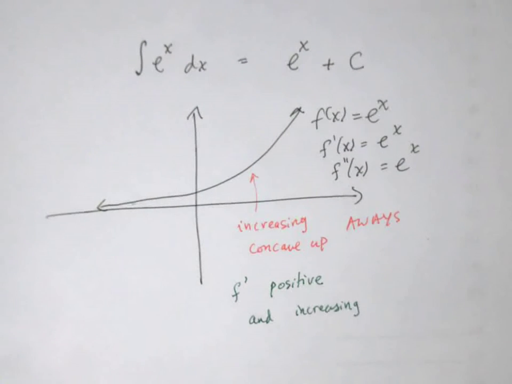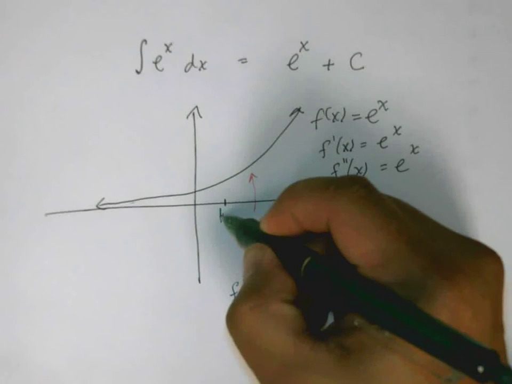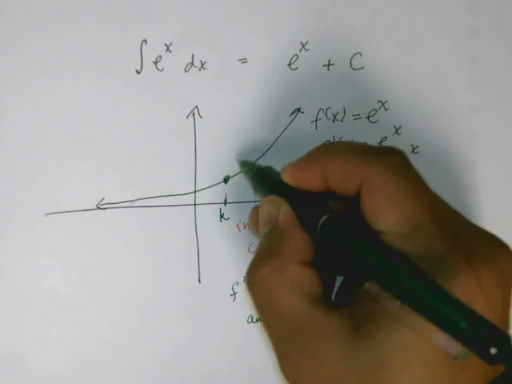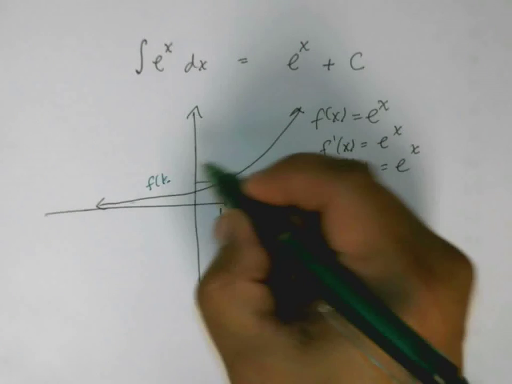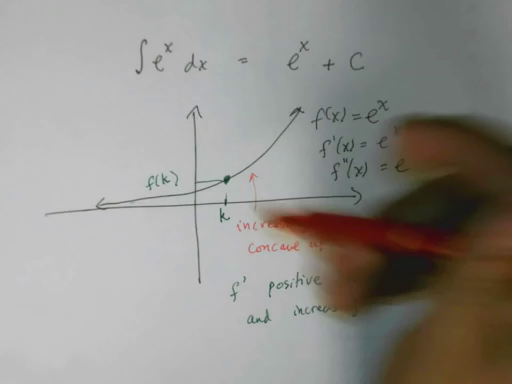One other thing to note here is, let's say you have a point here, k, and the height of this here is f of k. We try to look for the slope of f of x at k, this slope here.